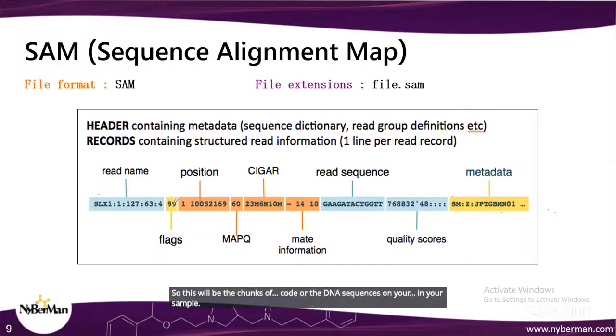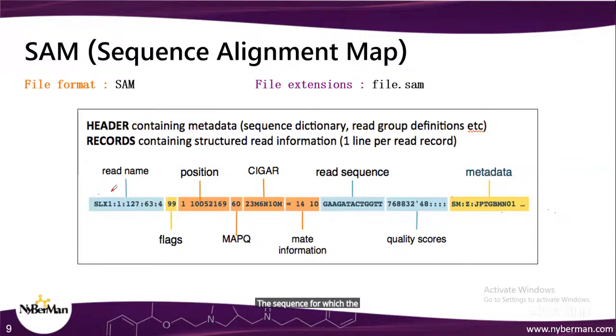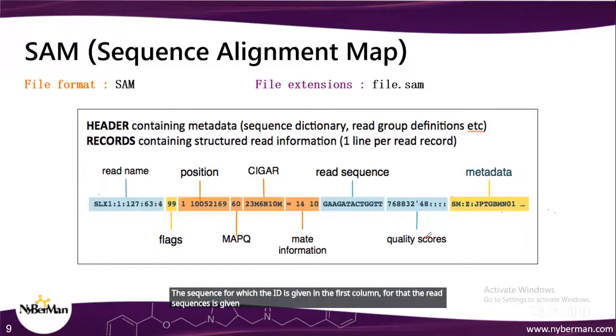Next will be the flags that mention whether this particular read has passed or not based on the sequencer that we are using. Then we have the position information on the chromosome, and furthermore we have mapping quality and other information. We have read sequences, the sequence for which the ID is given in the first column, and quality scores are given.